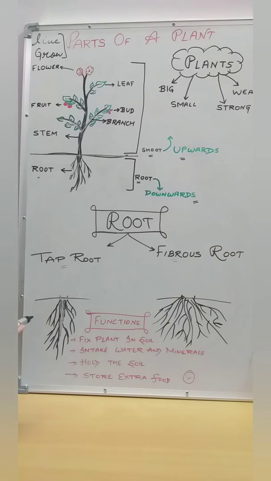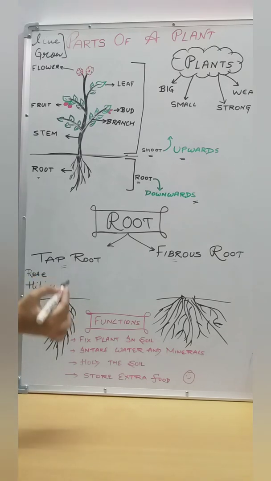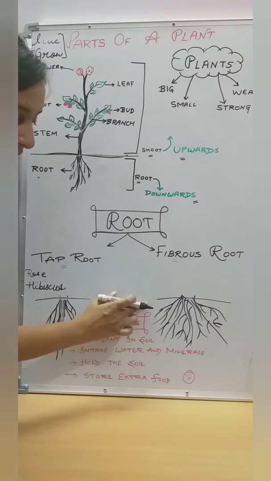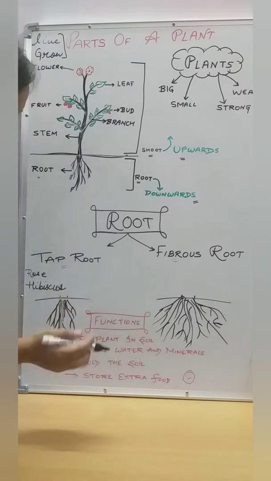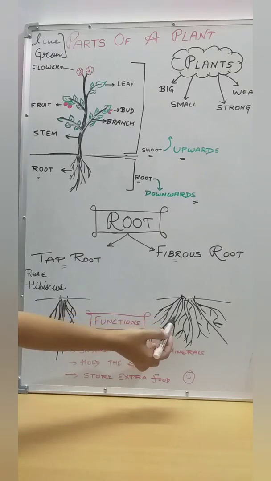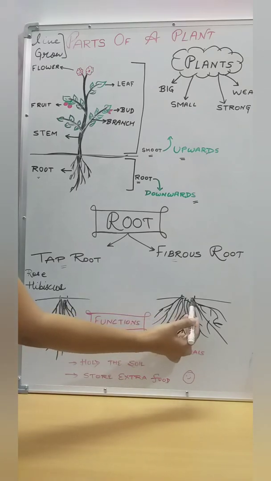Okay. So this one is found in many plants like rose plant, hibiscus, peepal, tomato, all these. This type of root is found. But we will talk about fibrous root. Fibrous root doesn't have any main root. Here you can see main root is present, but in fibrous root we don't have any main root.